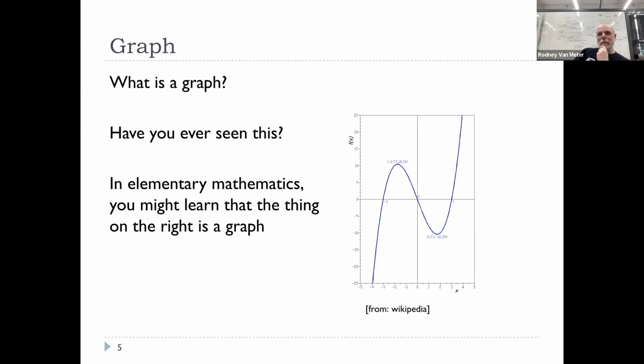Well, you've probably seen things like this, and this is a graph of a cubic function, f of x equals x cubed or something. This can also be called a plot. You probably learned in your basic mathematics classes, in high school algebra or whatever, that this is a graph.